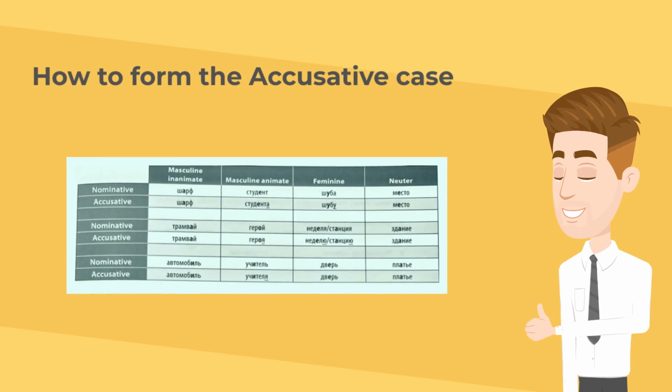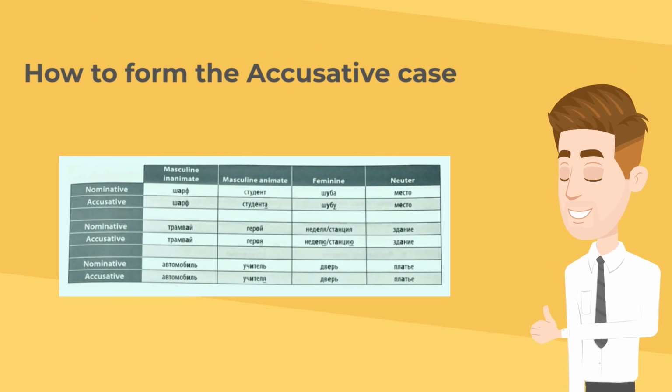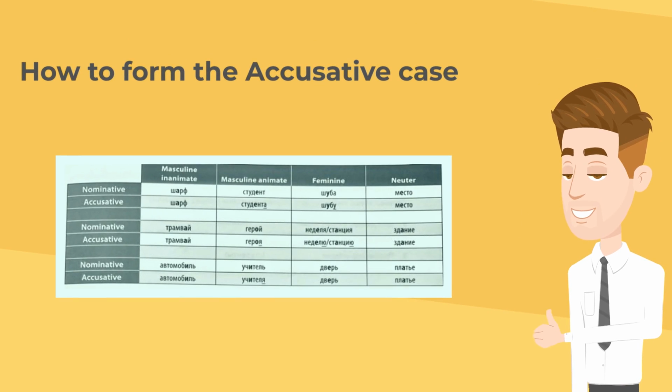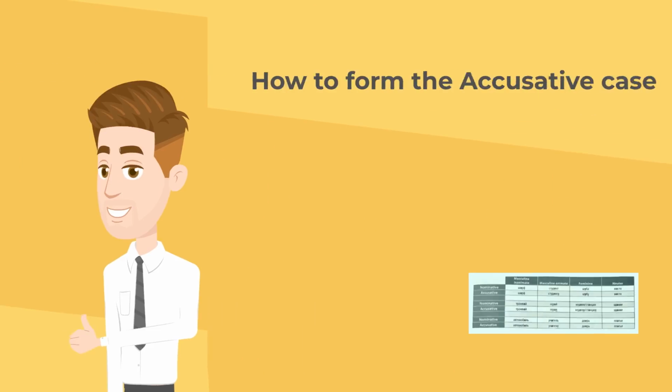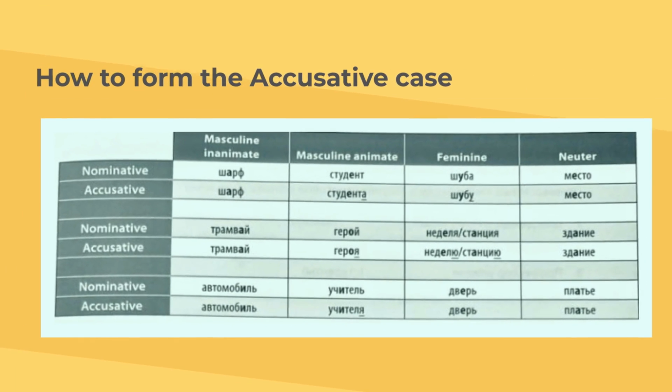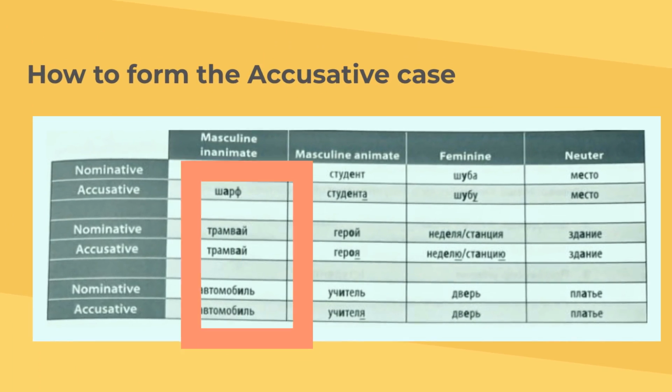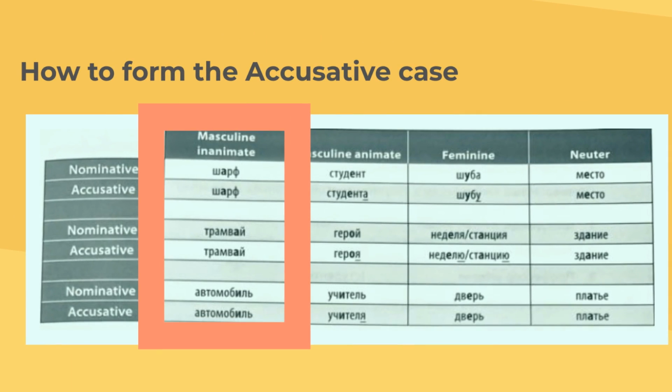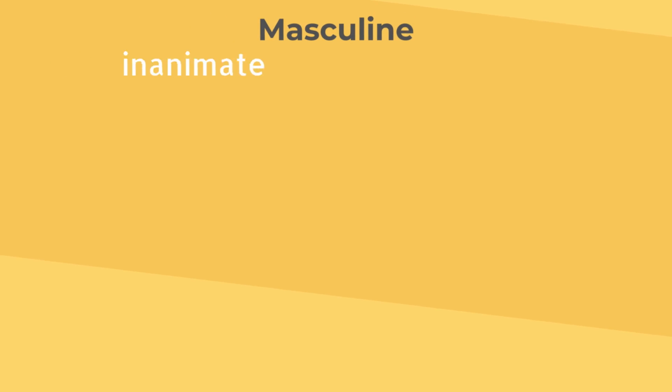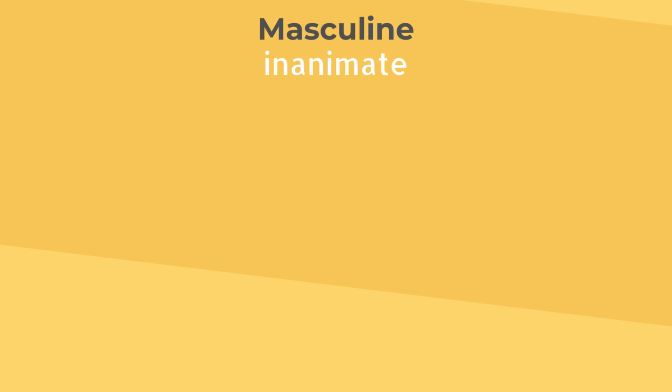Now let's take a closer look at how we form the accusative case. Let's look at masculine inanimate nouns first. As we know, we don't change masculine inanimate nouns for the accusative case.